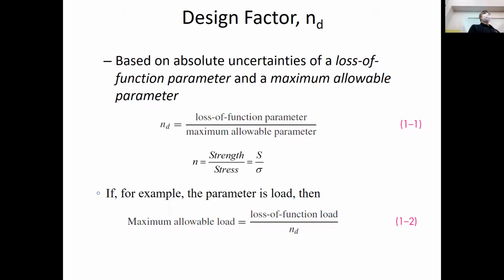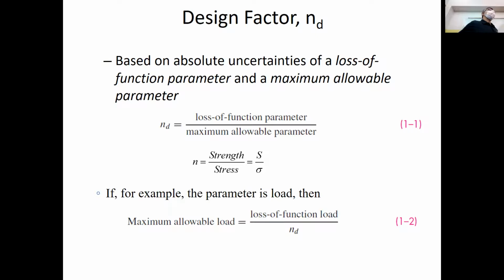Before you learn machine design, in solids, you used to calculate something simple we used to call factor of safety, right? In Intro to Machine Design, we look at it from a broader perspective, and we call that a design factor, and we can define it as the ratio of loss of function parameter over the maximum allowable parameter.